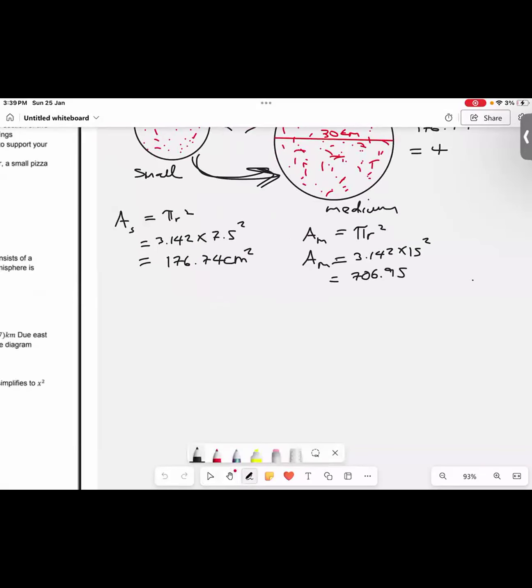We are told that the actual small pizza costs $12.95. And one slice of the large pizza is equal to $15.95.